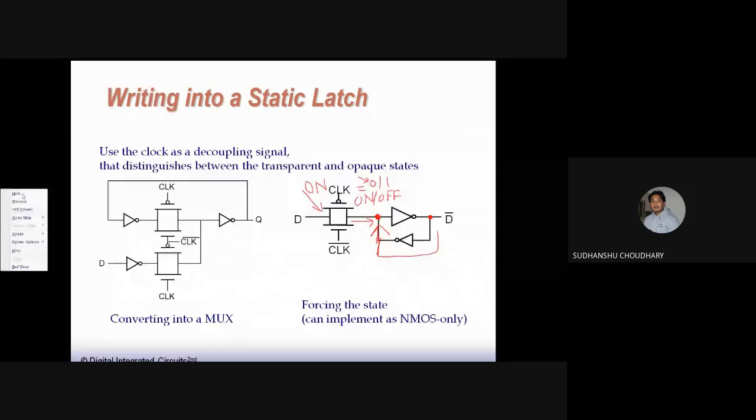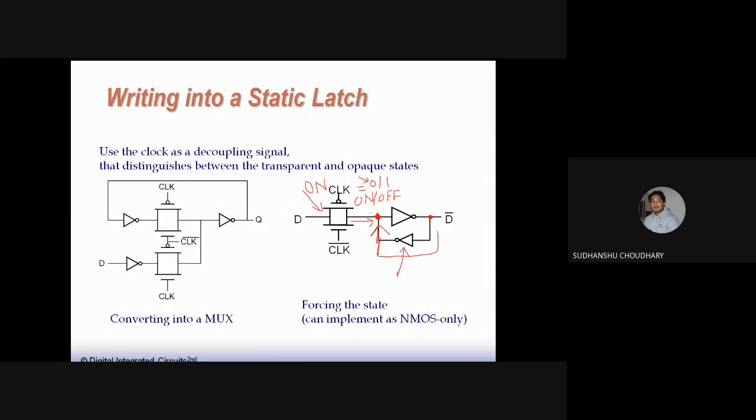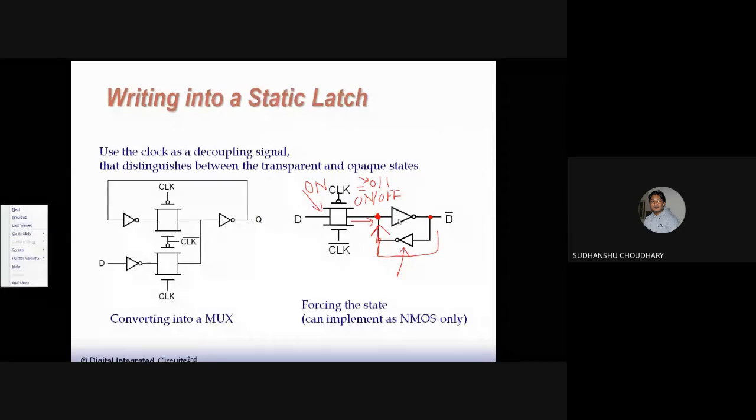If you want the D input to write data at this point, then you have to make this transmission gate stronger than this CMOS inverter. That is why you see in this picture that this CMOS inverter is small compared to this one, which reflects that this CMOS inverter has to be made weaker than this transmission gate. Otherwise, this transmission gate will never be able to write the data over here, so D can never be latched, because the inverter will overwrite it.